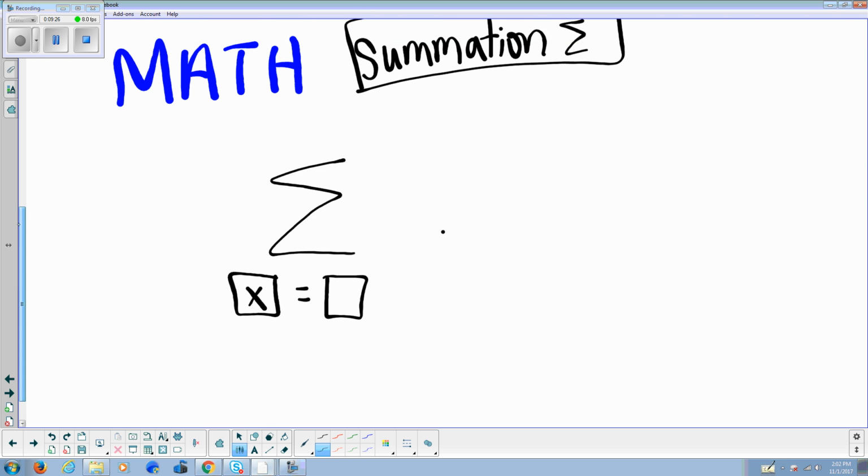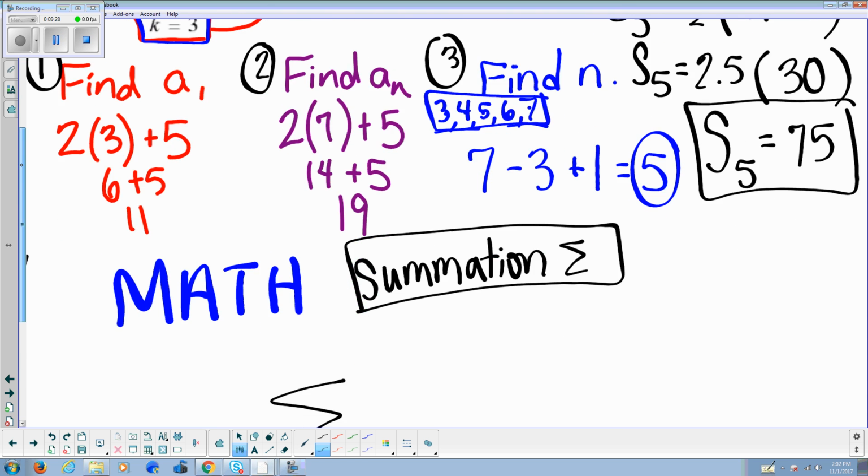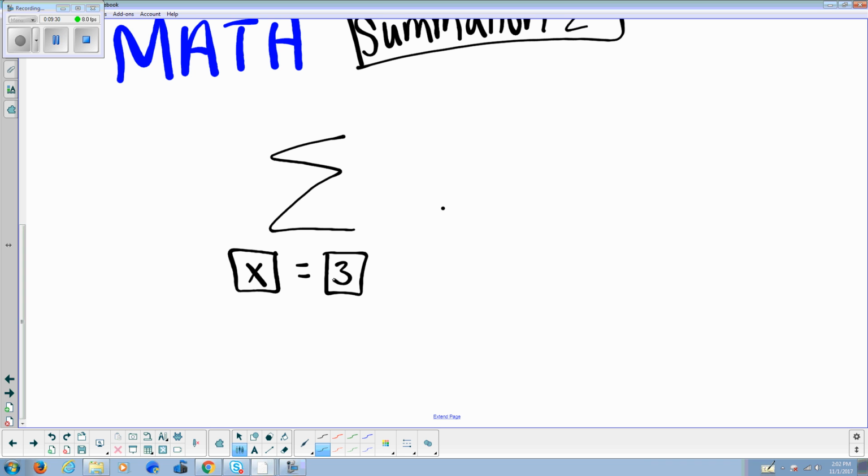In the other box, you're just going to type your lower limit, which was 3. So we type a 3 here. Then, if you'll up arrow, it'll take you up to the box on the top. And there we're going to type our upper limit, which in this problem was 7. Then right arrow, and you should see some parentheses with a box inside.